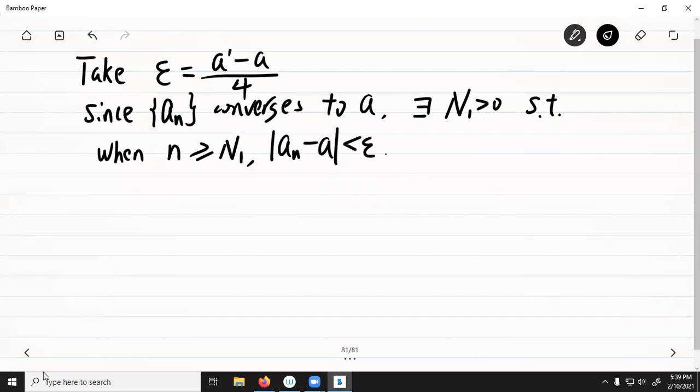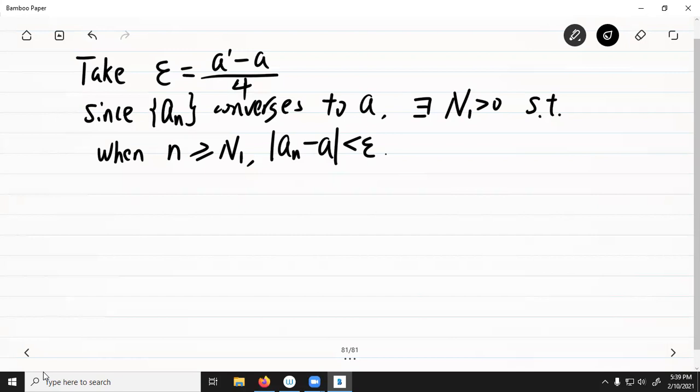So this is the definition, right? When n is greater than this capital N sub 1, then after that, all the distances between a sub n and A would be less than this epsilon. This epsilon we take here.